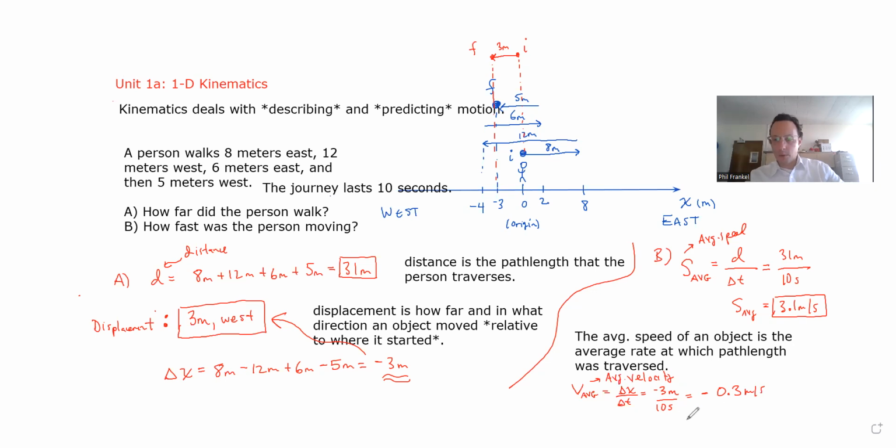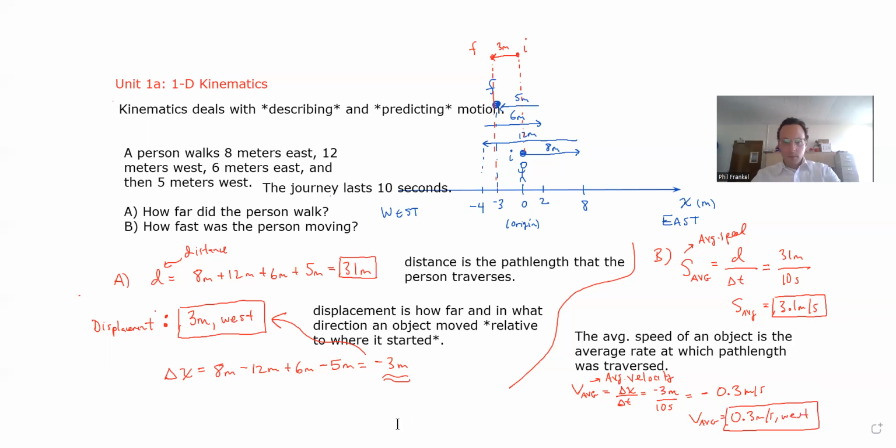The way I would write this out is the following. I'd say the average velocity is 0.3 meters per second, comma, west. So notice, just like displacement is a positive number and a direction, velocity is a positive number and a direction. Now, what does that actually represent?